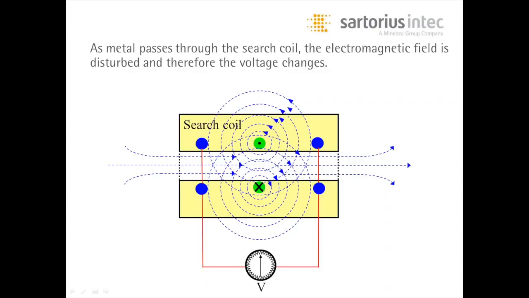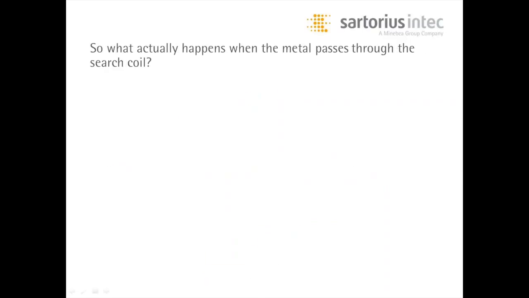When metal passes through a coil, if you watch the voltmeter on the bottom, you can see that it affects the field as it passes through the coil. And this, in a nutshell, is how a metal detector works. Of course, there's a lot more to it, which we will get to.